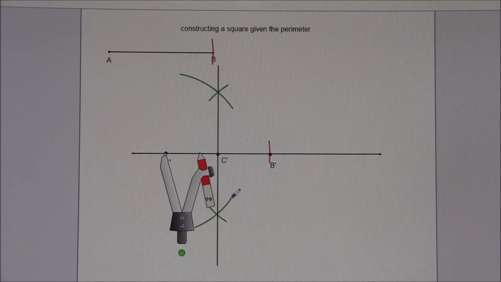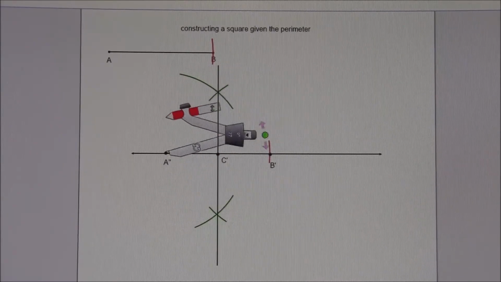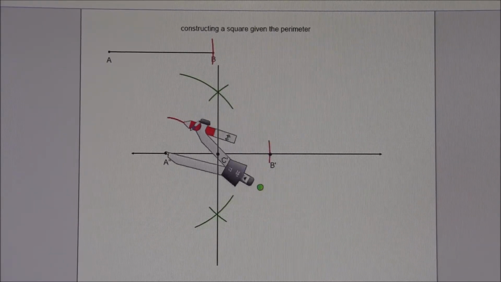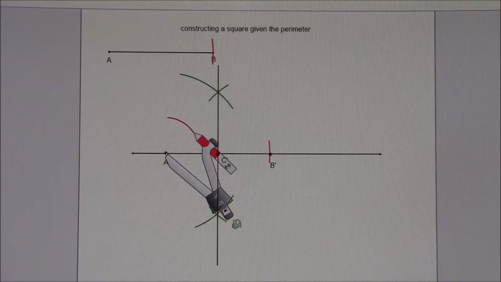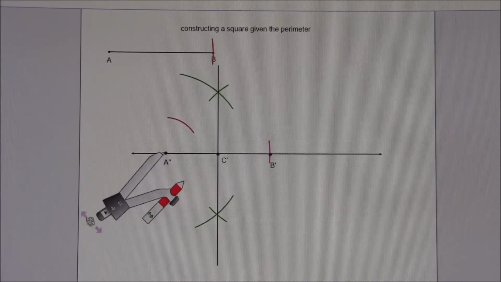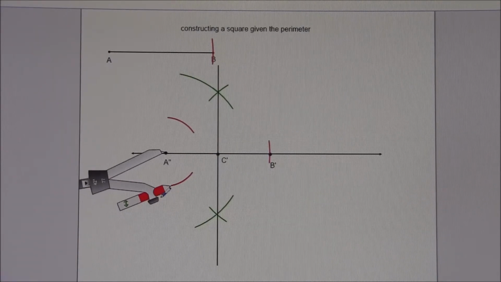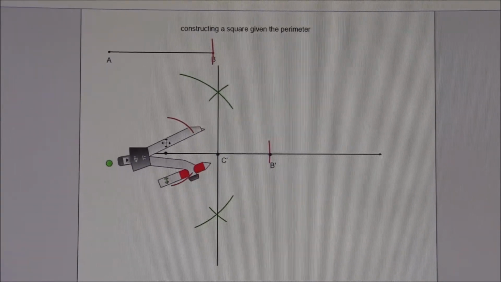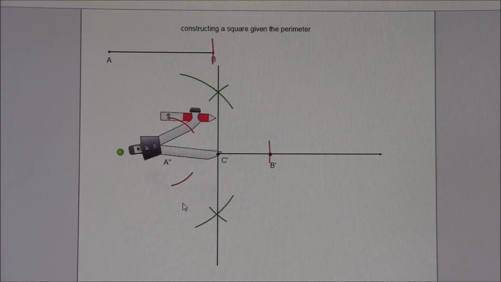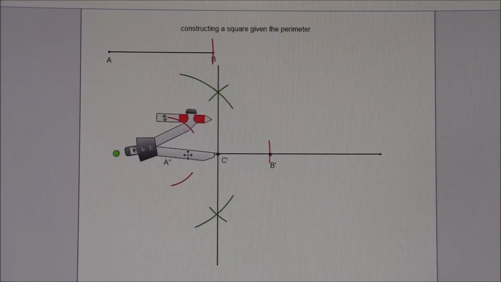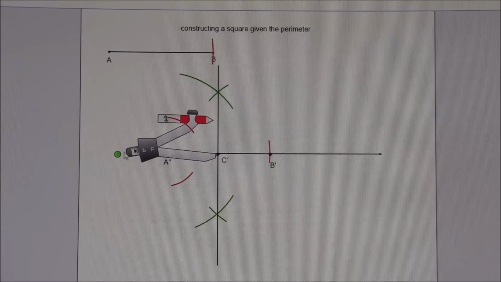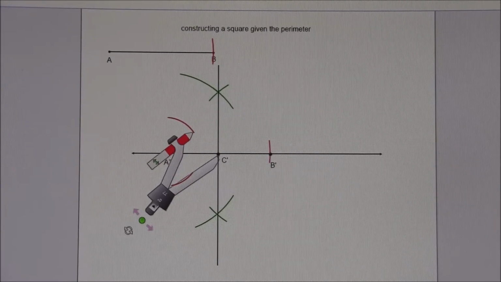Let's do red. And sometimes you don't have to draw the big arc, because sometimes you might get a little confused. That's why I only draw what is necessary. Oops, I did it again here.